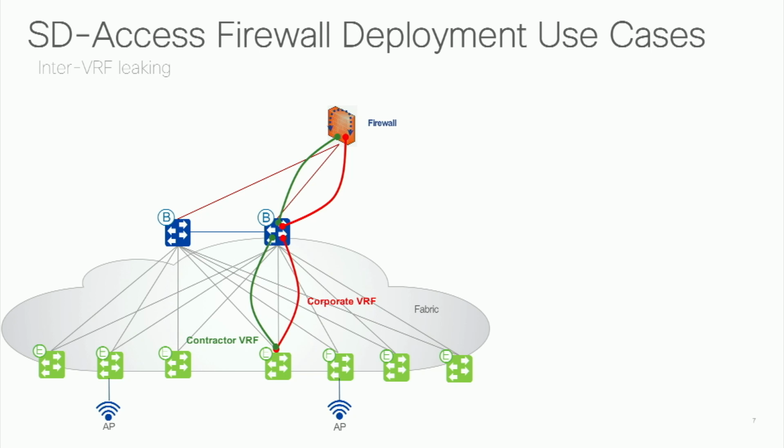So we have, in this case, two VRFs. We have a corporate VRF and a contractor VRF. Now, we want those two pieces of traffic to communicate with each other. We require access for the corporate VRFs to the contractor VRF. However, we want to have stateful inspection.